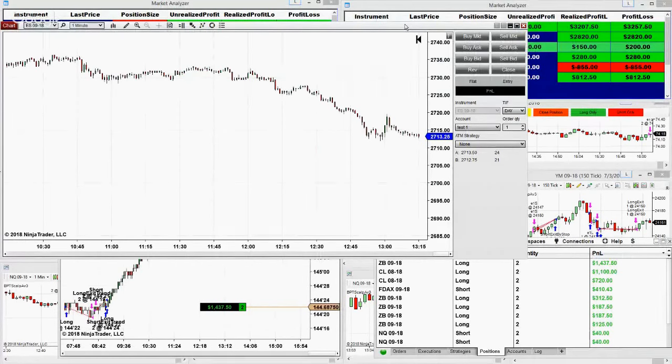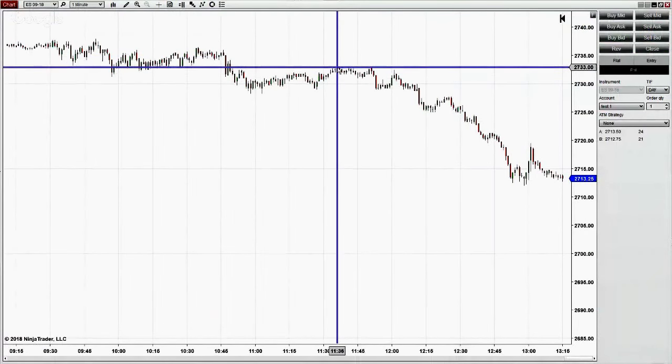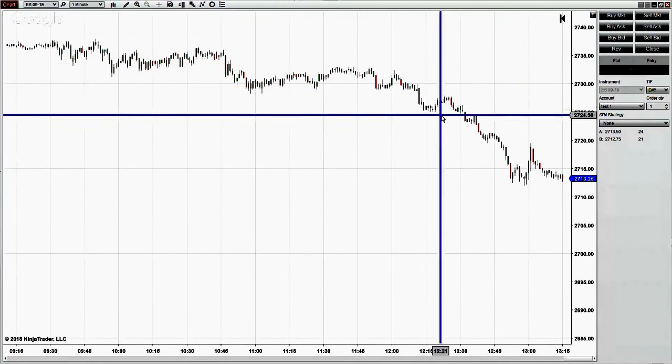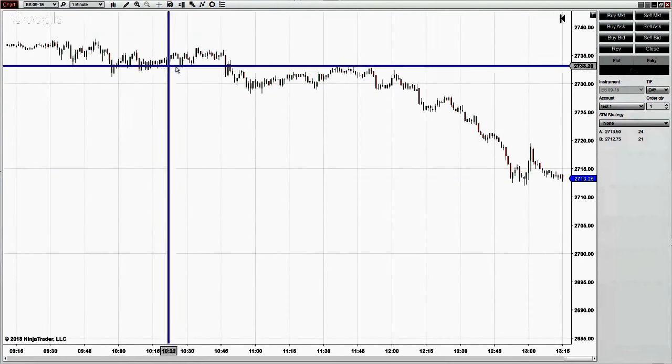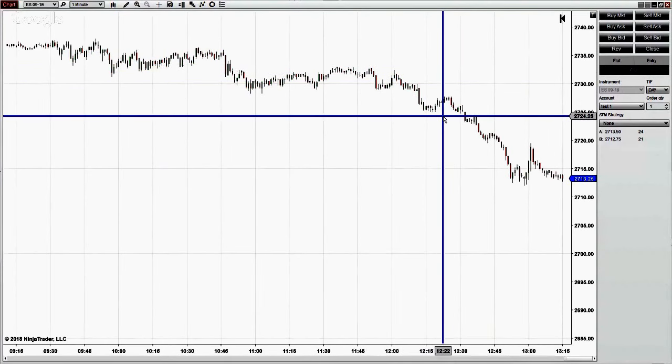This is what really took off my trading, right here. Back then there was no Ninjatrader platform, and we were trading the big ES, not the mini. There was no E-mini back then. We were trading the big ES, two contracts, and we were nailing $1,000 on this every single day.